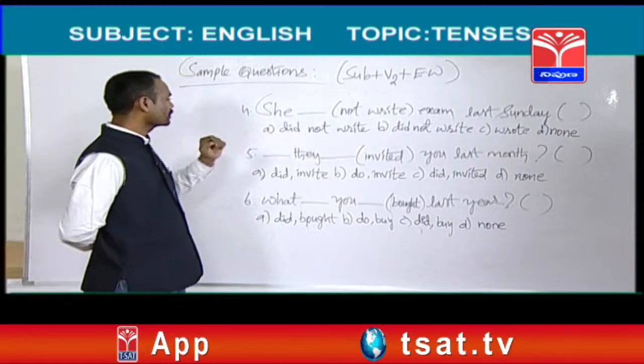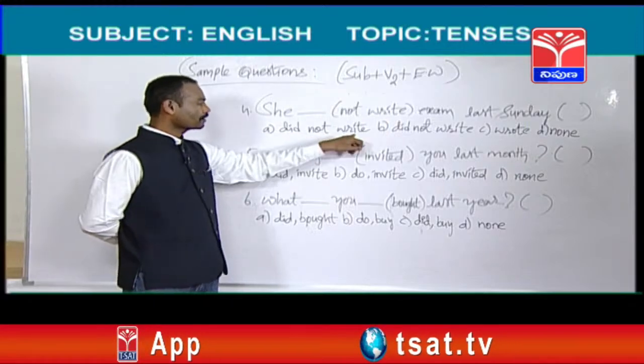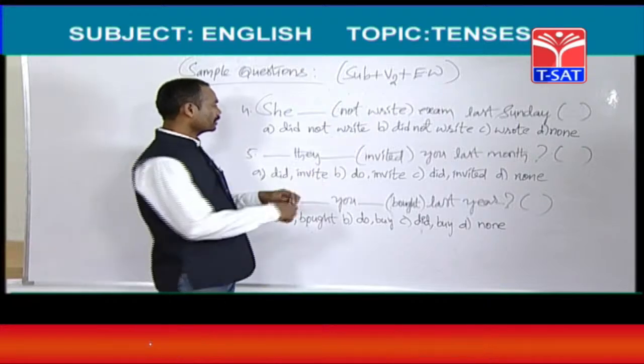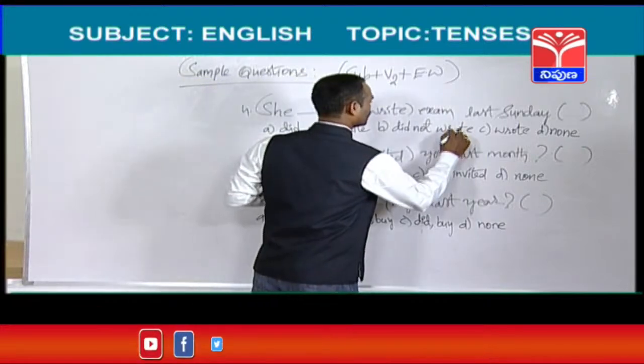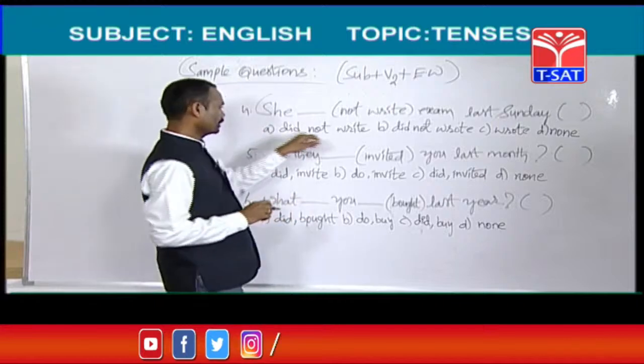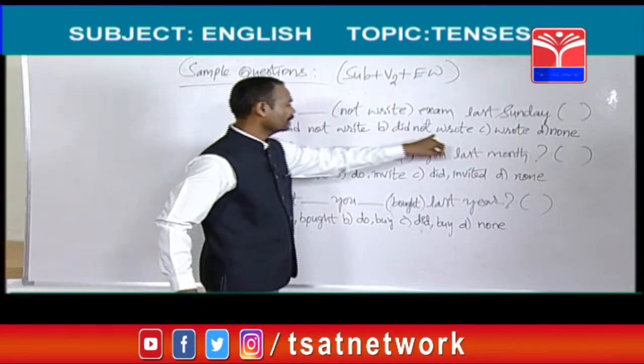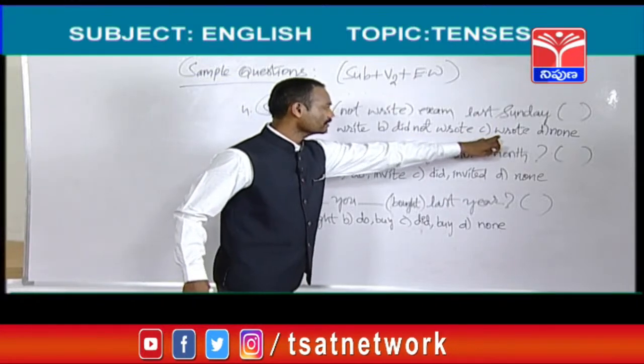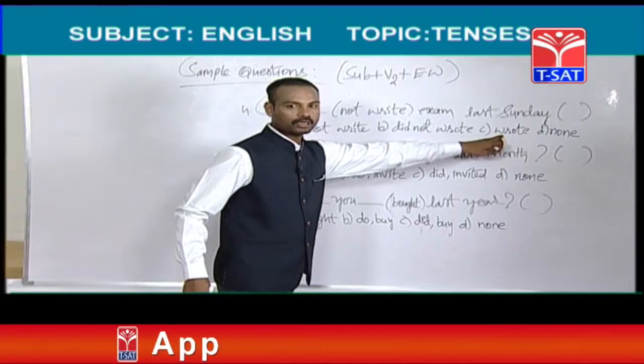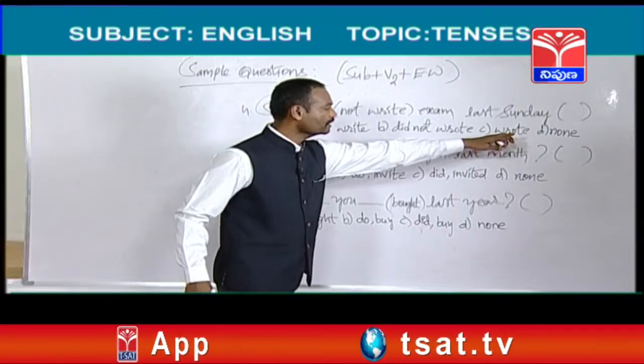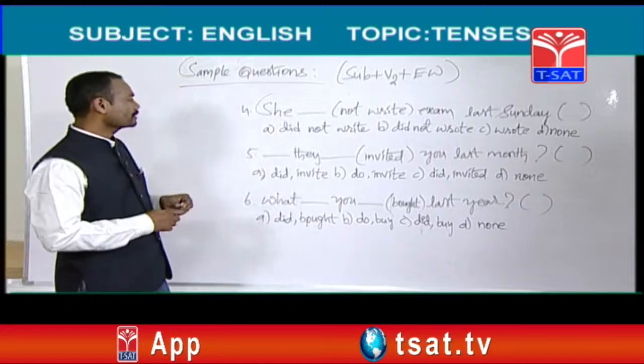Okay, let us see where the answer is. Let us catch the answer. Did not write. Option A, did not write, option B, did not wrote, option C, just wrote, option D, none. So, where is the answer?